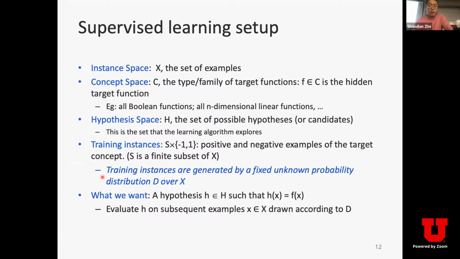So here, we're going to introduce our important assumption. We assume the training instances are generated by a fixed, unknown probability distribution over the instance space. This introduces some kind of randomness because the data is generated randomly.